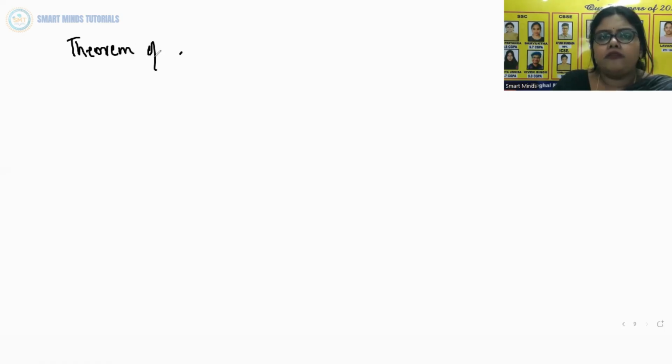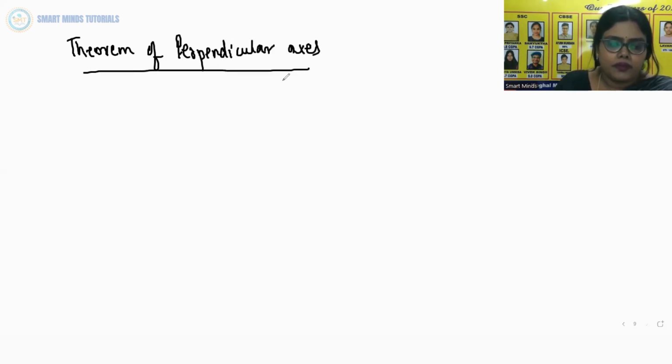There are two useful theorems relating to moment of inertia. We shall first discuss the theorem of perpendicular axis and its simple yet instructive application in working out the moments of inertia of some regular shaped bodies. First, let us understand what the theorem of perpendicular axis is.